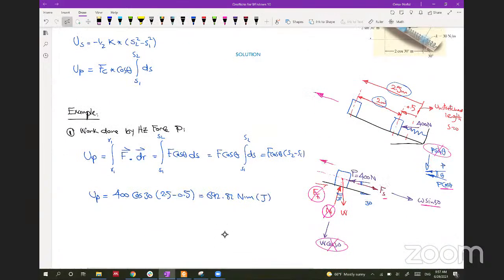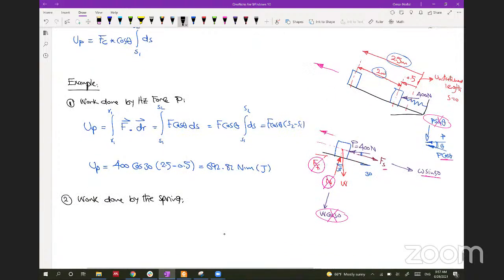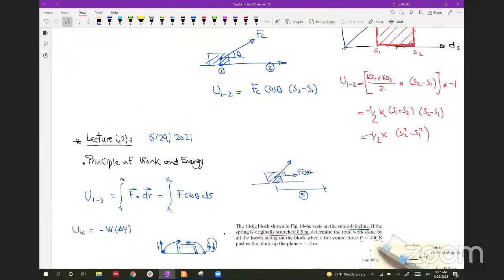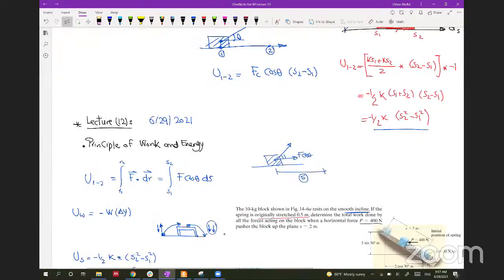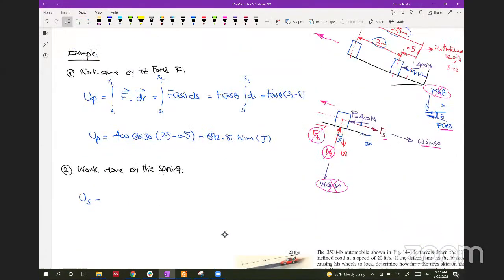Let's get the second one: the work done by the spring. So U_spring, we proved this last time, is equal to negative half K multiplied by (S2 squared minus S1 squared).